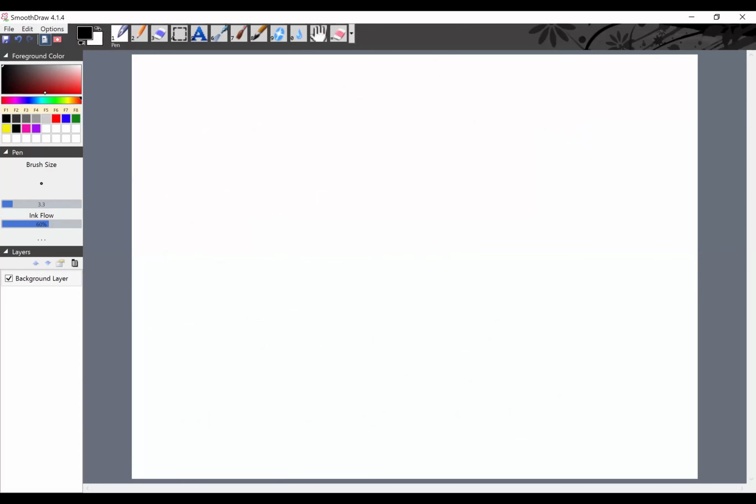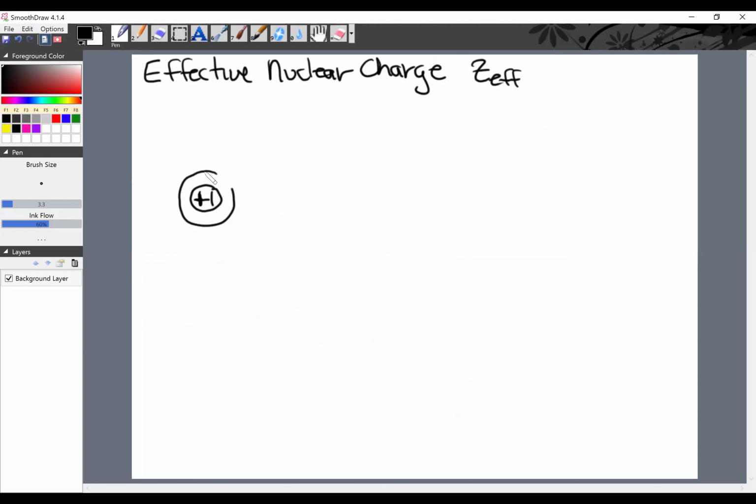All right, effective nuclear Z. All right, so let's think of it this way. If I have one proton in my nucleus, and I have one electron, so I am hydrogen.